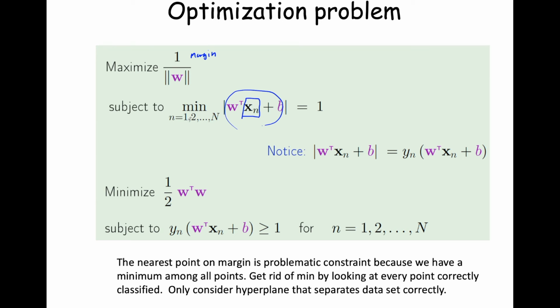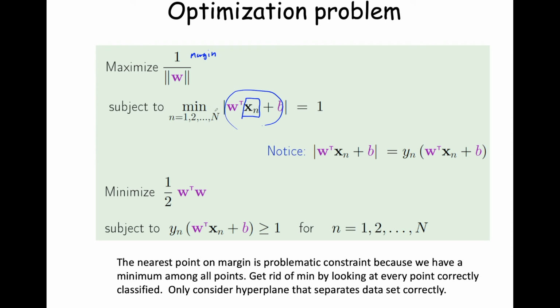Okay, well, this minimization presents us a problem. Why? Because for every single instantiation of W, we now have to check all of our n many data points, finding the minimum.